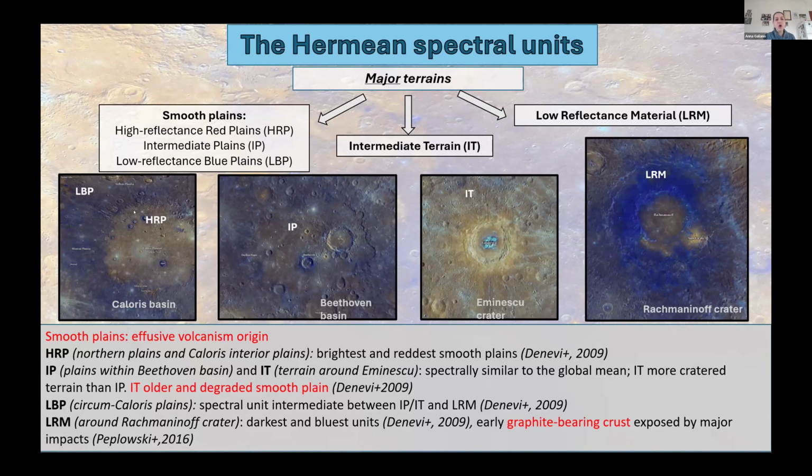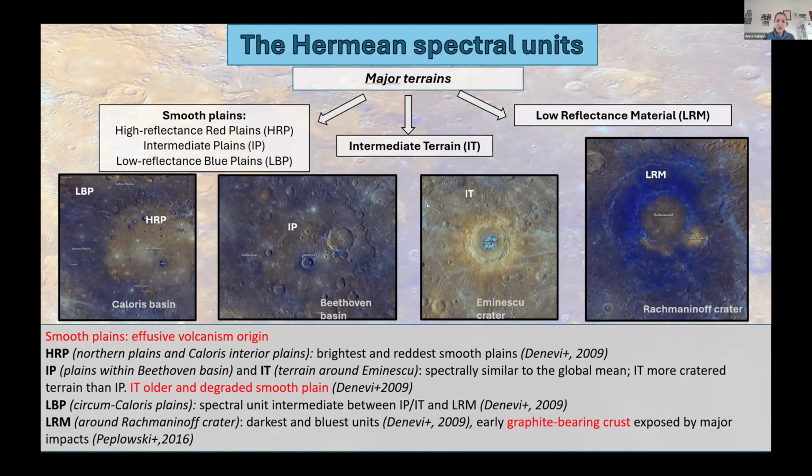Then we have the low reflectance blue plains, which are intermediate between the intermediate plains and the low reflectance material. This other major terrain is the darkest and bluest unit of Mercury and, as said by Valentina, is the early graphite bearing crust, mainly exposed by major impacts.